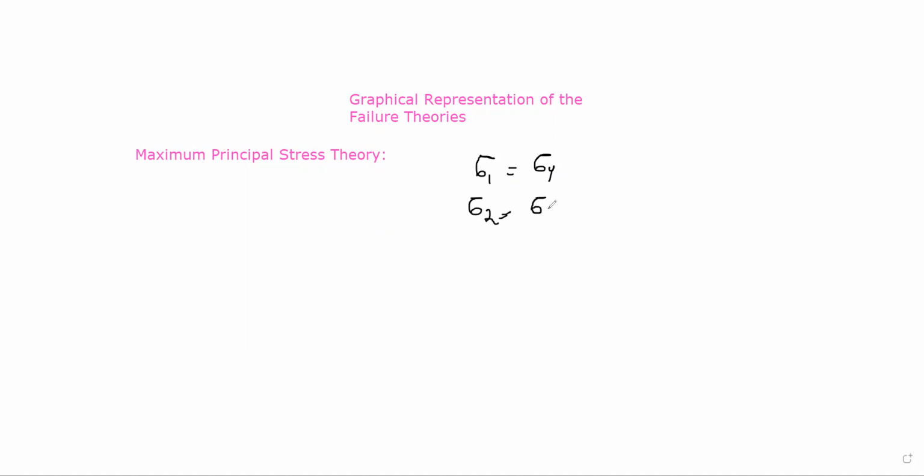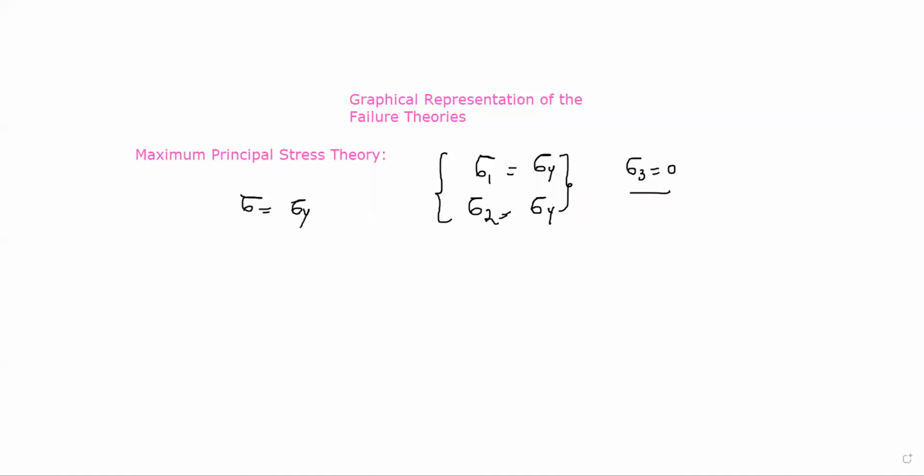If we are in a two-dimensional space, then essentially we are assuming that sigma 3 does not exist, that is, it's equal to 0. If this condition happens in a machine element under the biaxial state of stress, then the failure happens. Or in case of the uniaxial state of stress, if sigma becomes equal to sigma y, then the failure happens.